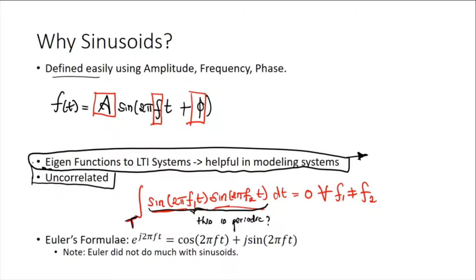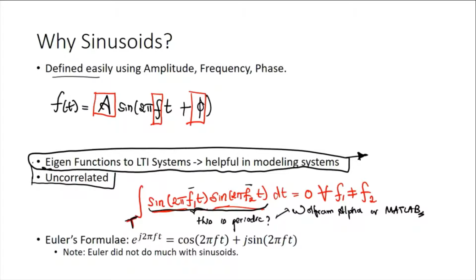Take Wolfram Alpha or MATLAB, and try to convince yourself that this is periodic.